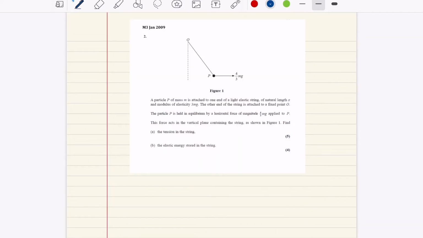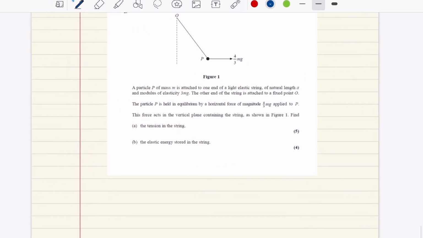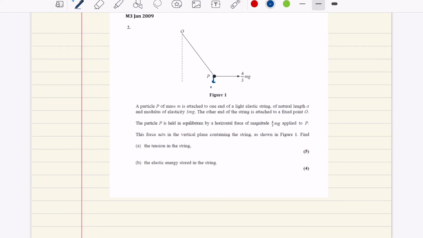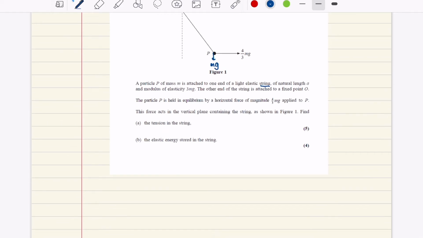So here's the last question, which is quite easy, and it's easier than the last two questions that I explained just now. Okay, so a particle P of mass m is attached to one end of a light elastic string, so there won't be any compression, of natural length a, and modulus of elasticity 3mg.